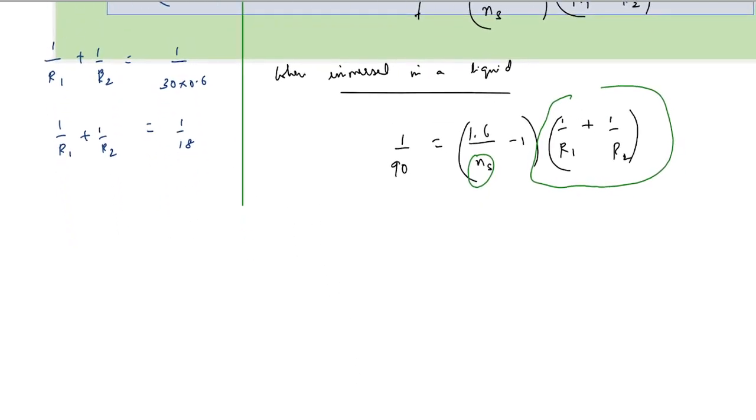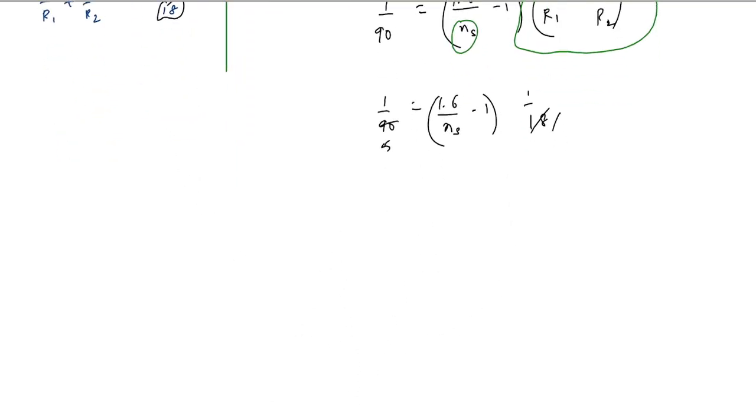Putting it back in this equation, 1 by 90 is equal to 1.6 by n for surrounding minus 1 into 1 by 18. Keep in mind that even this is in centimeter only. So 18 fives are 90. So 1 by 5 is 1.6 by n for surrounding minus 1.